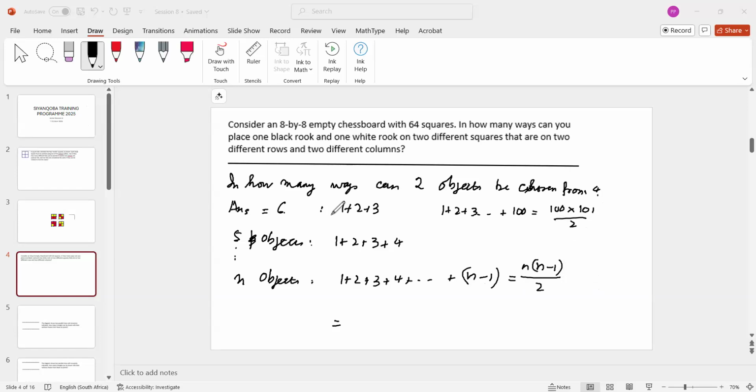So this gives you a very, very important formula, which says the following. We'll come across this many times.